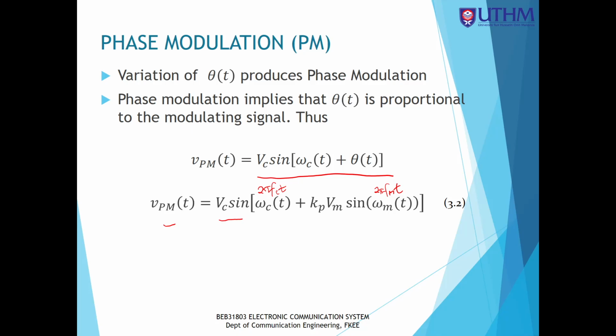Omega is 2 pi f. So this is the general equation for phase modulation. Later you're going to see that this parameter is actually referring to the modulation index. You're going to learn about this after this.